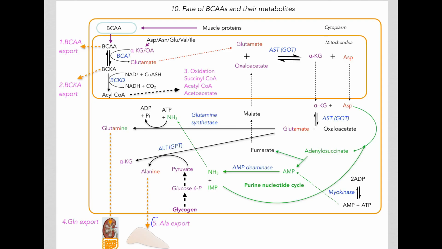And the fifth possibility is that the branched chain amino acids will give the alpha amino group for alanine, while the pyruvate will come from glycogen. That alanine will be exported out of the skeletal muscles and especially will be used predominantly by the liver, and to a small extent by the kidneys and the intestine.